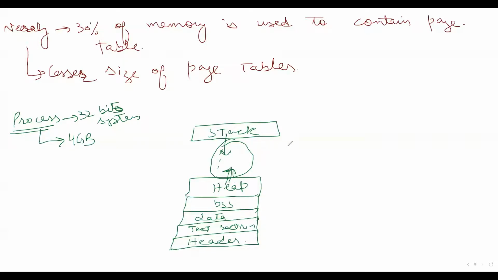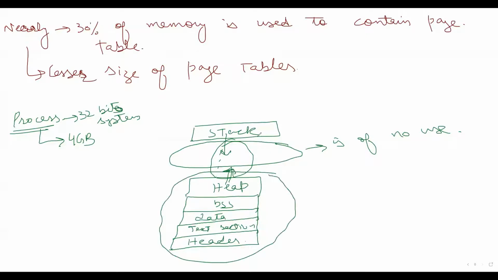Okay. This particular memory for most of the processes is of no use. It is there in the virtual memory, but actually it is not getting used. Only this portion and this portion are getting used. So for every process, even for the largest processes, this is nearly 3 MB.